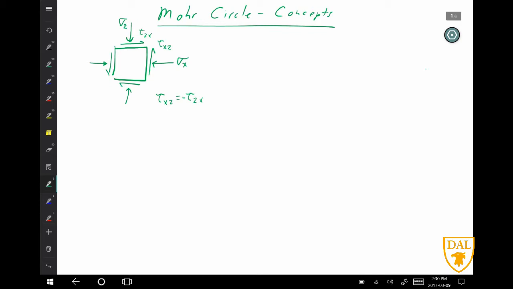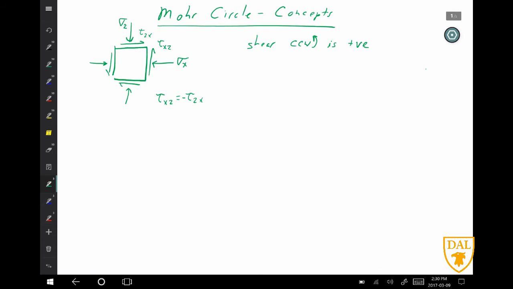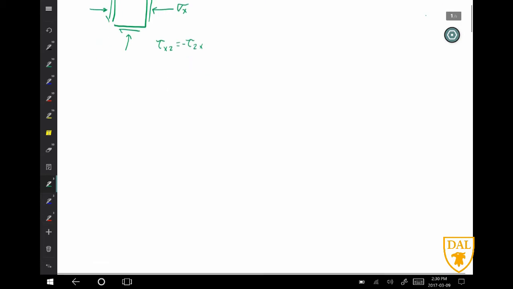And I define counterclockwise shear as positive. So shear with a counterclockwise sense of motion is positive. So that would mean tau xz is positive and tau zx is negative for that stress block there. All right, so let's look at the Mohr Circle then.